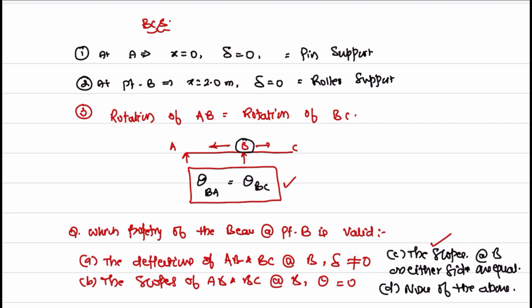And the rotations at the connecting point, that is P, of the beam sections AB and BC at the joint, a common point: at the common point on either side the slopes are equal. These are the three boundary conditions which we will be using to solve the beam theory equation.